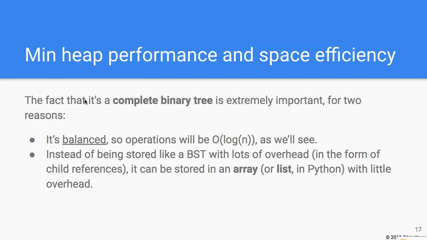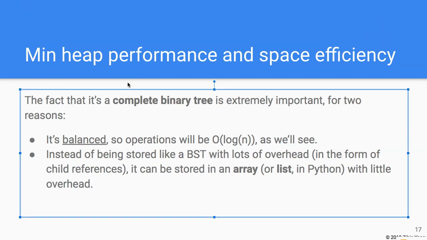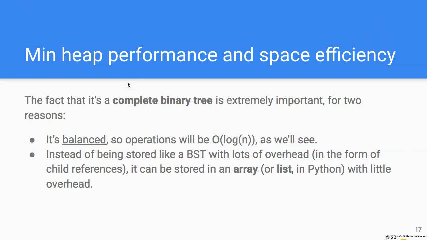So how does the min heap address the concern we had previously with using an ordered linked list or binary search tree as a priority queue? Well, the really cool thing about being a complete binary tree is that it allows for two things. One is that a min heap is always balanced.